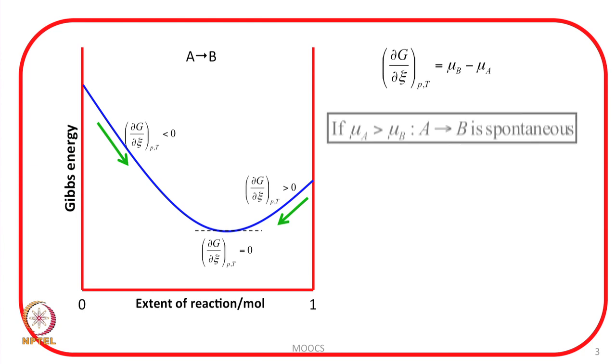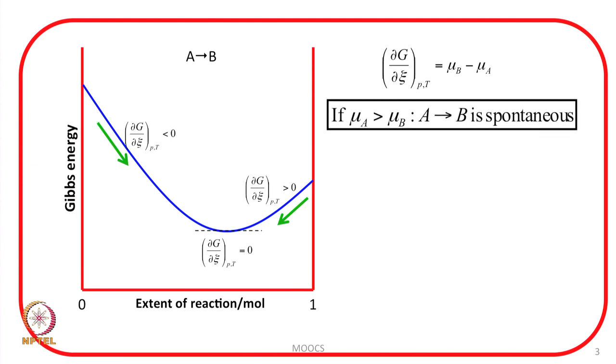So, under what conditions is the slope negative? The slope will be negative if chemical potential of A is higher than the chemical potential of B, meaning this difference is negative. So, if the chemical potential of A is higher than the chemical potential of B, then the reaction A going towards B is spontaneous. That means we are talking about this region.